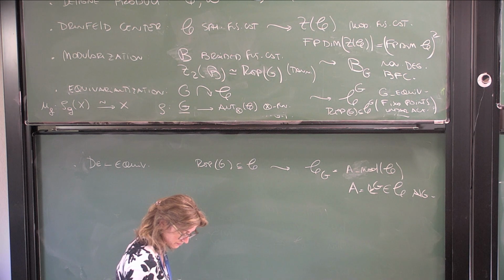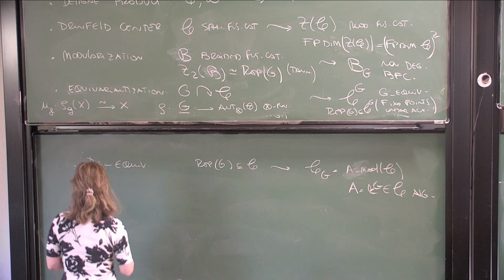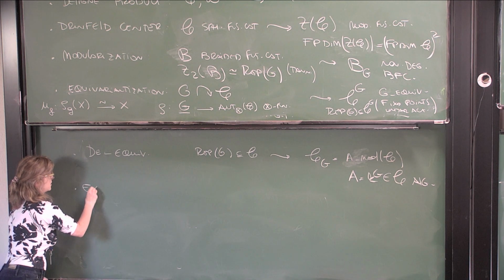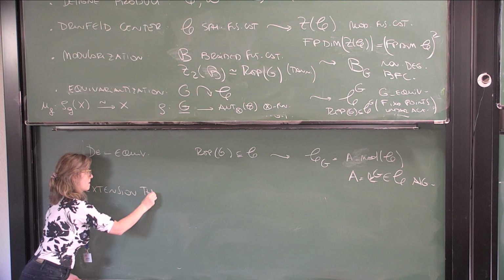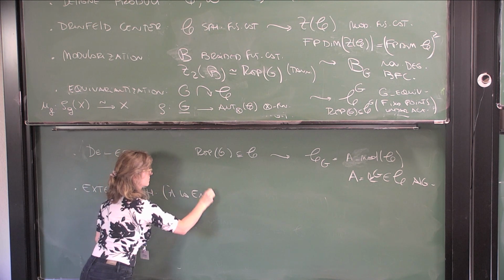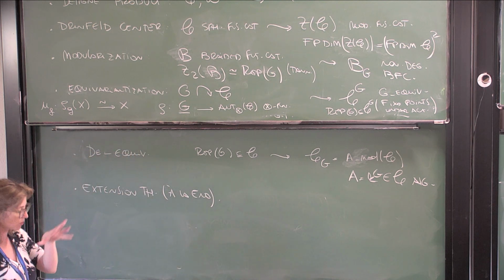So maybe, let me do a small, not small, but I wanted to introduce a construction, but before let's do extension theory. So yesterday when I defined nilpotent, I used this word extension.